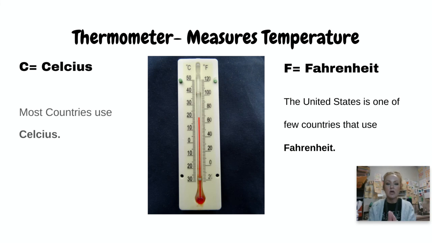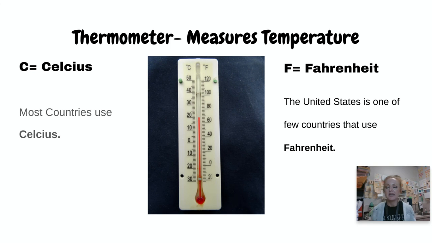At the top of the thermometer, there is a C and an F. The C stands for Celsius, and most countries use Celsius to measure the temperature. However, the United States uses the F, Fahrenheit, which was developed by a German man named Gabriel Fahrenheit. So we use Fahrenheit to measure the temperature.